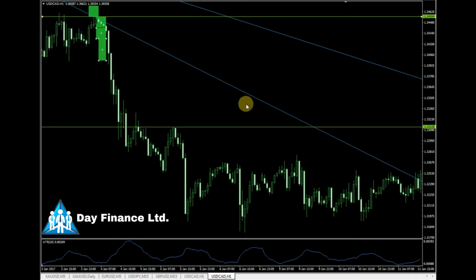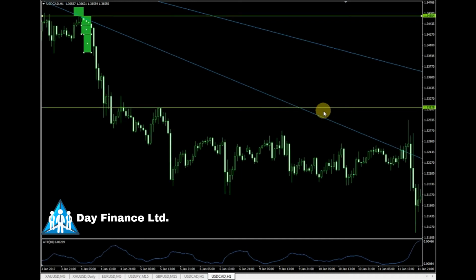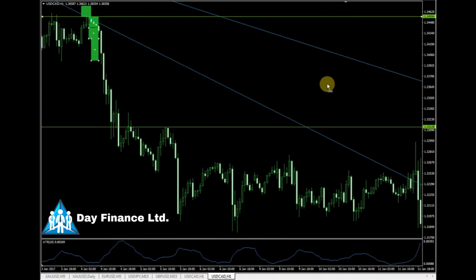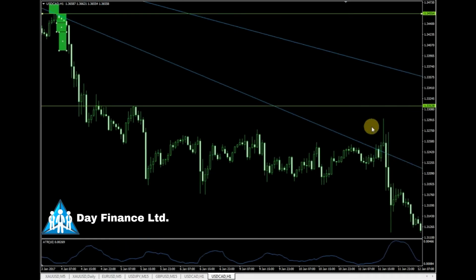We are in the downtrend, and the price is around this first line, so it's not very safe to buy here. You need more confirmation. For example, this is my first touch, this is the second touch. Okay, we need at least 3 touches before looking for buy orders.